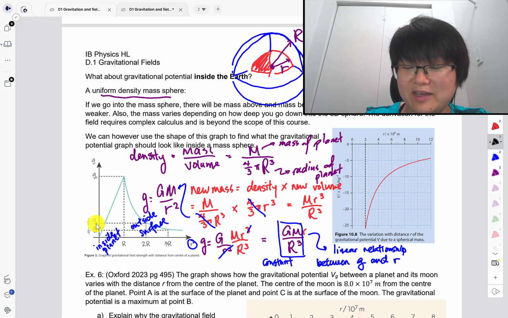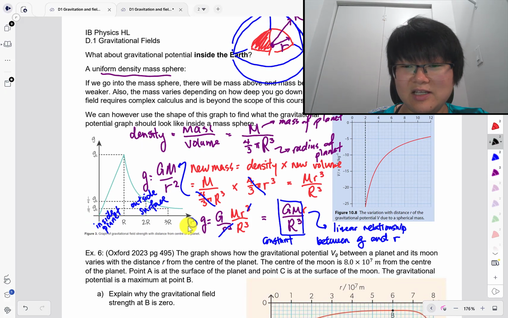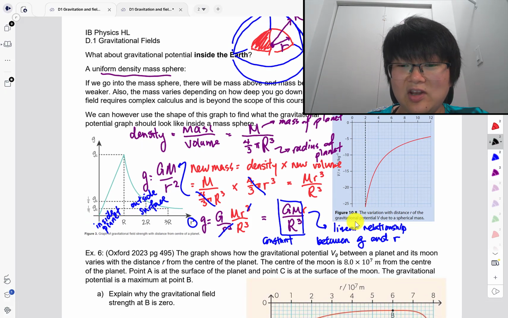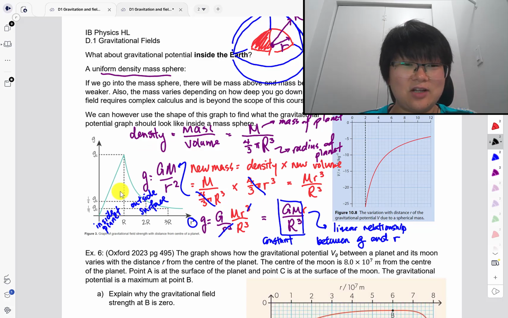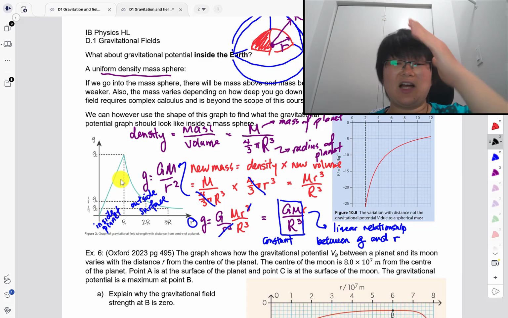So one of the things that we can conclude here is that this line cannot be straight, because if you take the slope of a straight line, you're just going to get a constant. And that's not true, because we need a linear relationship that slopes upward.